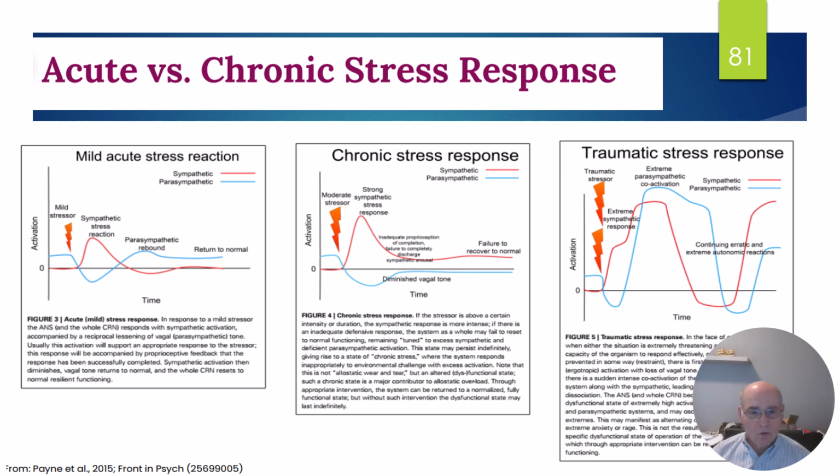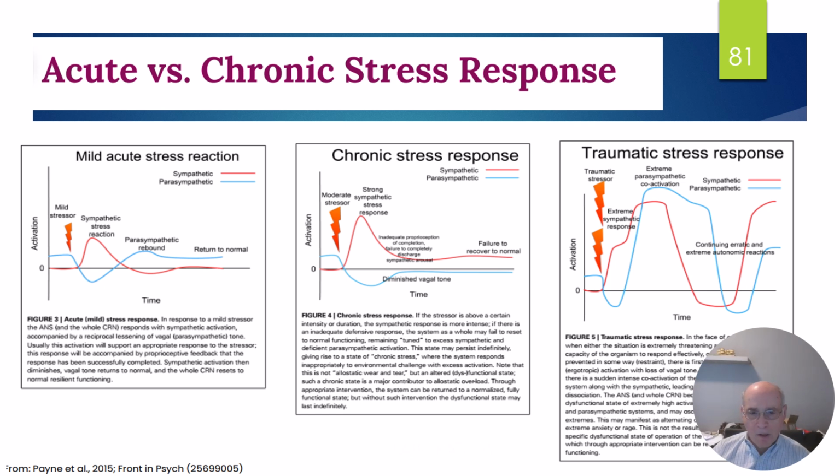So in these three charts, you can see what happens to someone in terms of acute stress, chronic stress, and then really traumatic, post-traumatic stress. Where you see on the right side, there's a stressor. The sympathetic nervous system kicks into gear, but ultimately you have enough resiliency so that the stress response goes down and normalizes because you have this equalization of the sympathetic nervous system and the parasympathetic nervous system.